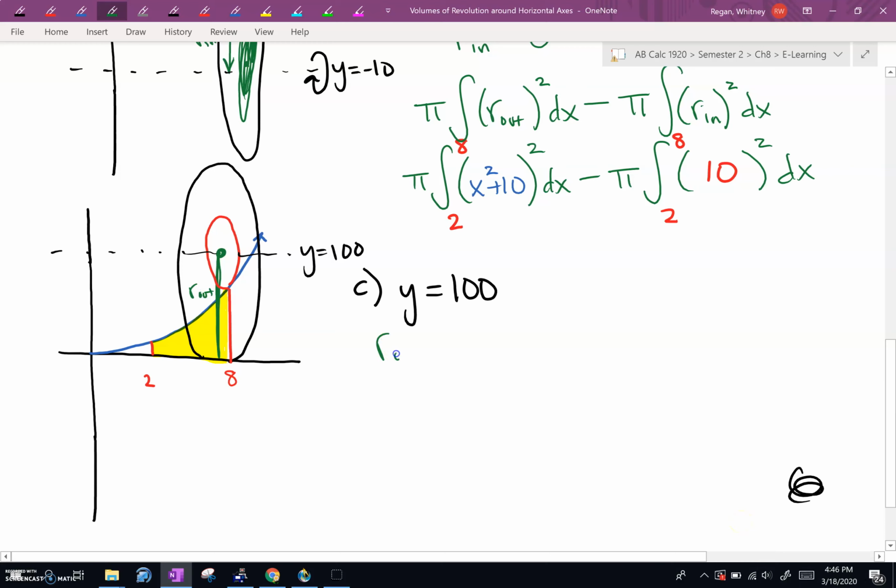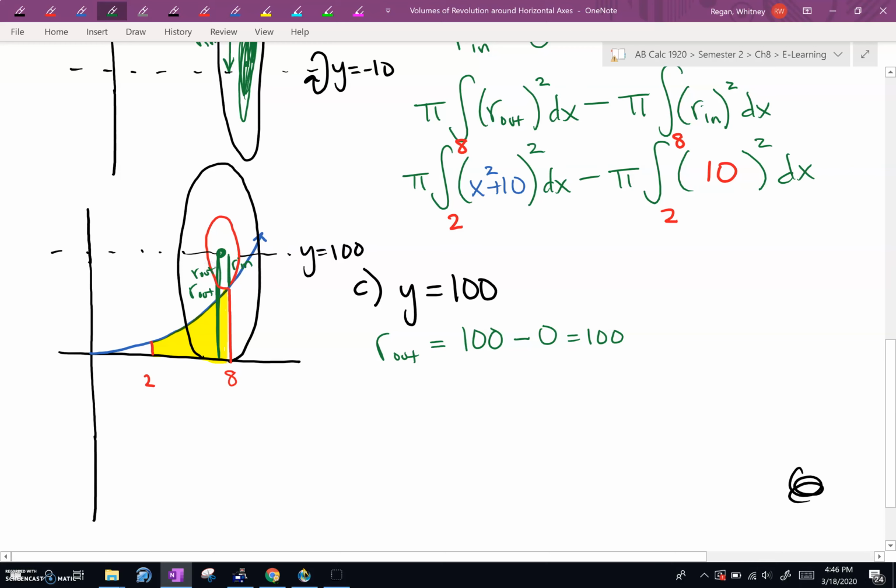So for us, our R out is actually 100 minus 0. That's our x-axis. So this is just 100. For us, the R in this time is the piece that is closest. So here's R in, here's R out.